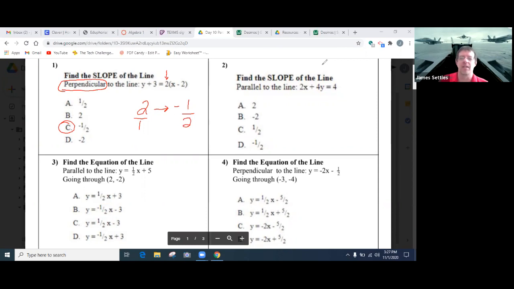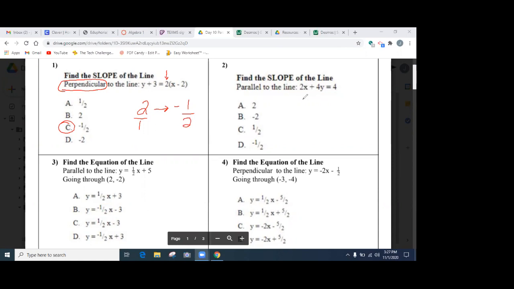And so when we take a look at this one, now this one, unfortunately, they... All right, so on this one, because they got x and y on the same side, we actually got to get y by itself. So we're going to subtract the x first. So I'll go ahead and draw my line right here. So we're going to put minus 2x and minus 2x.